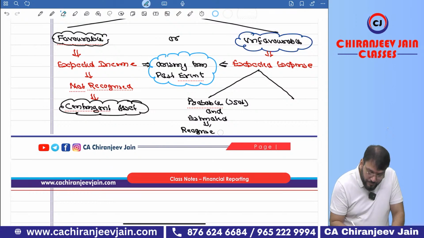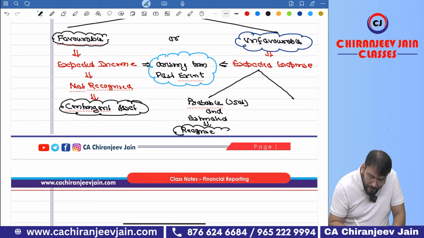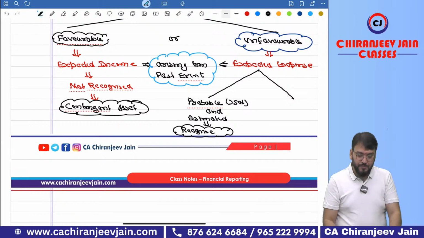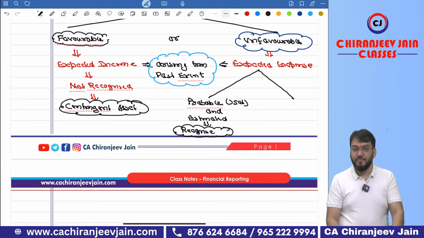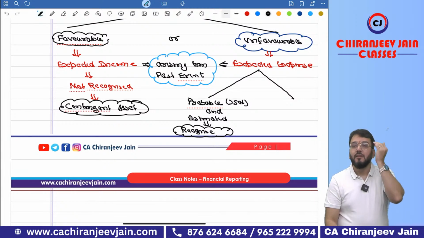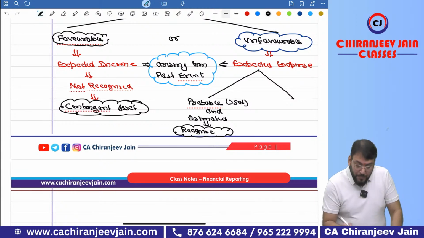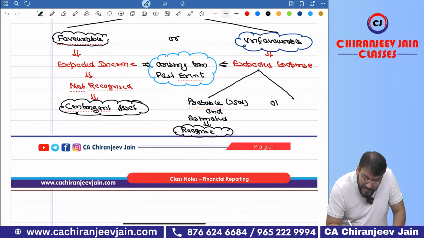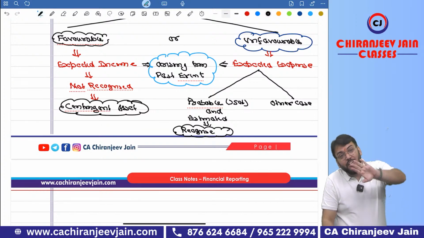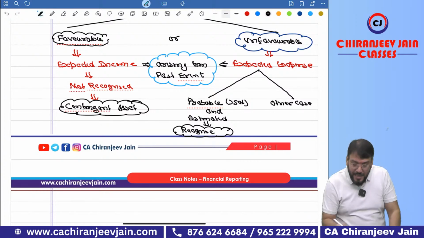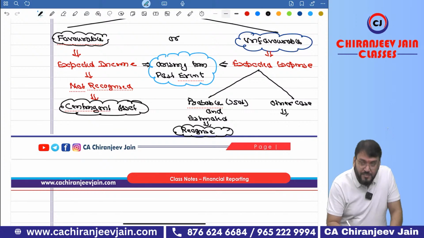Recognize such expenses or losses. Are you able to understand? But if it is other cases, what does it mean? If it is not probable, or the amount cannot be estimated, meaning probable but the amount cannot be estimated, quite possible, then you should not recognize it but disclose it.